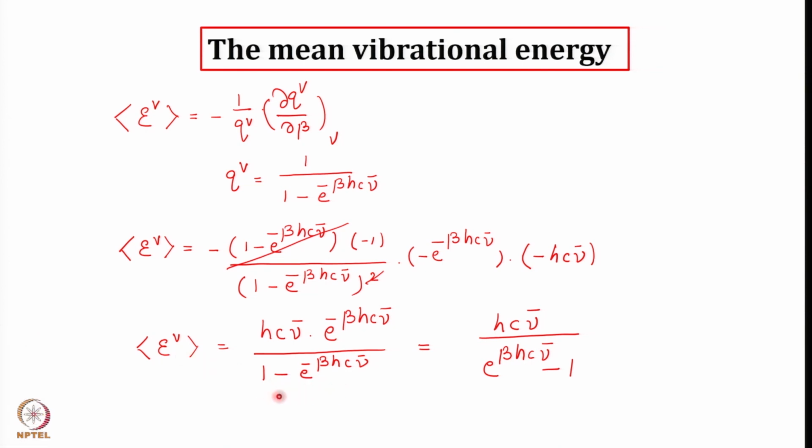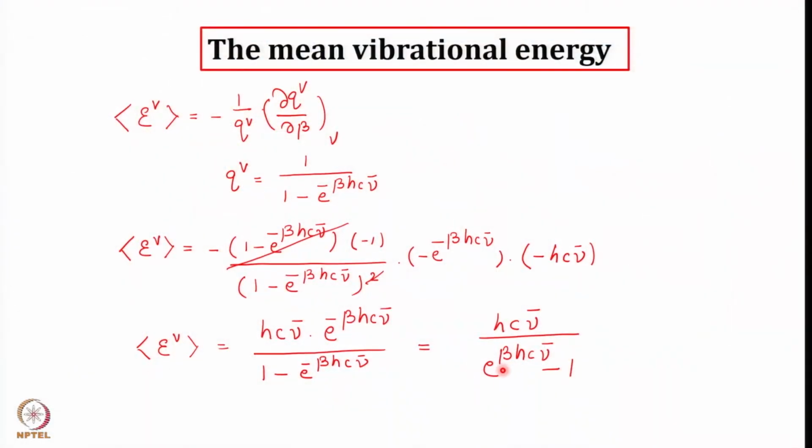I just multiplied the numerator and denominator by exponential beta hc nu bar. So here what we have is now an expression for the mean vibrational energy, which is equal to hc nu bar divided by exponential beta hc nu bar minus 1. There is no approximation involved in it other than considering the vibrational energy level following the harmonic oscillator.